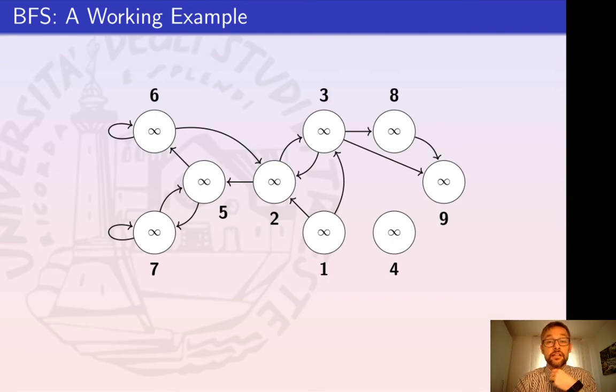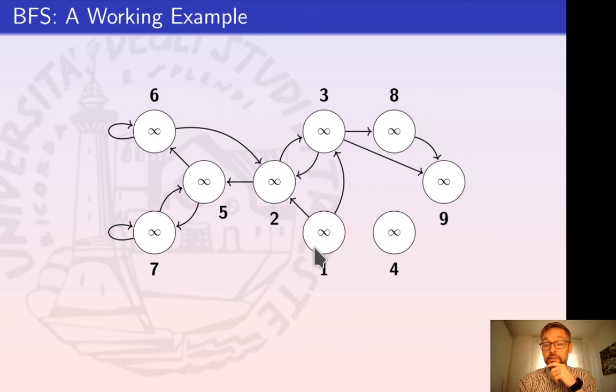Again, this is an example of BFS, on an unweighted graph. Here every node is labeled outside by the name of the node, just to simplify my talk.